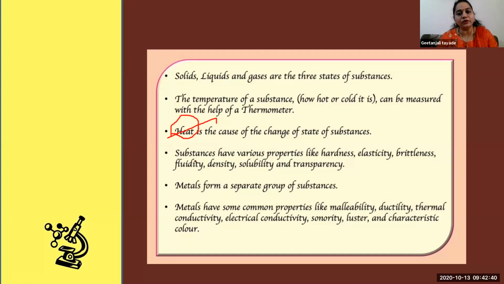Metals form a separate group of substances. Metals are separate from other substances because they have different properties.